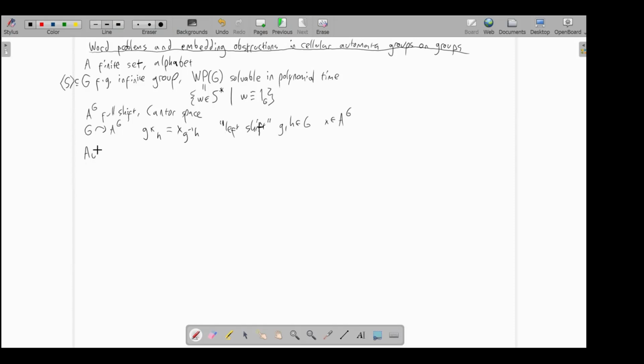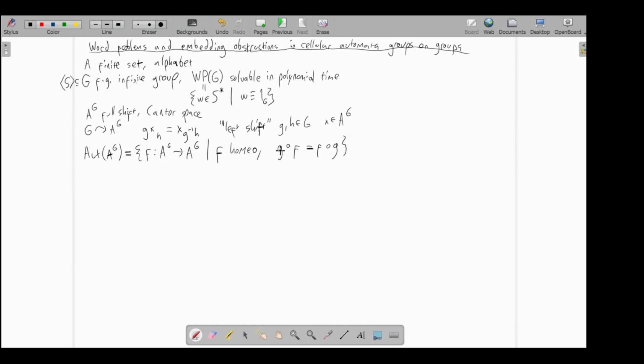So the cellular automata are things that operate on this universe, and it's just a group of self-homeomorphisms of this. Or rather, they are automorphisms of the dynamical system. So you also want that they commute with the shift maps.